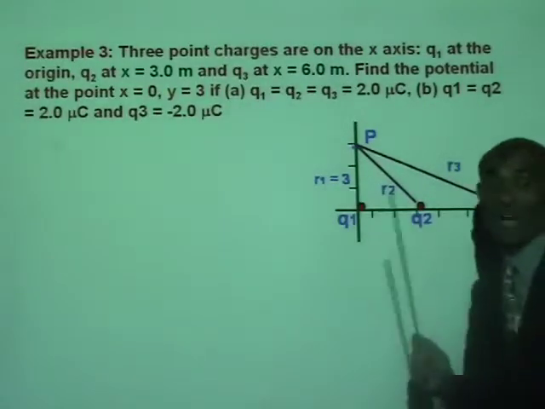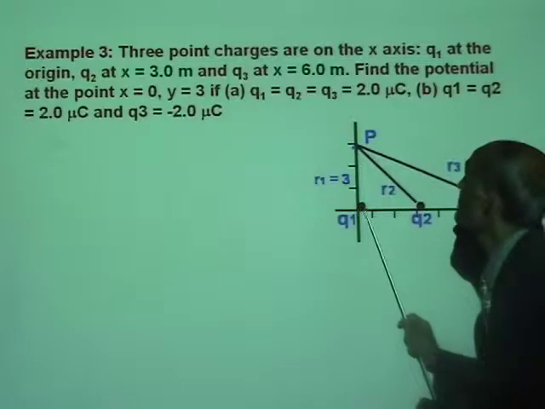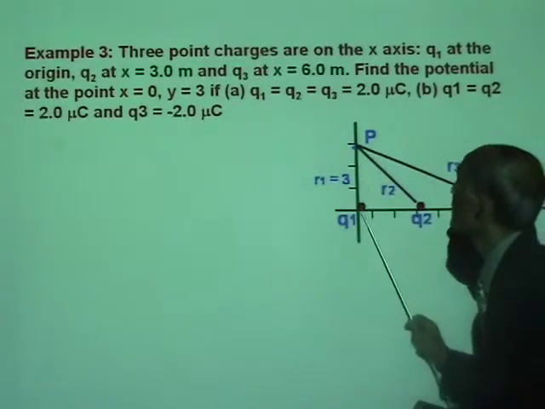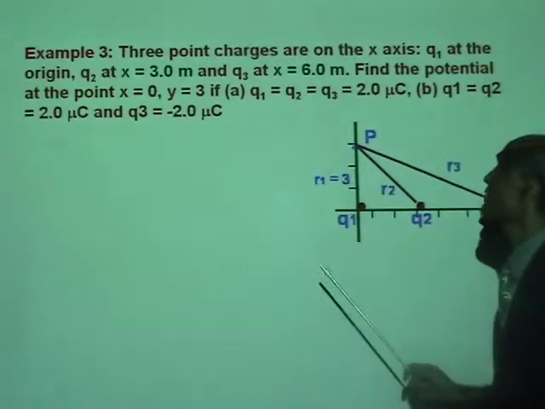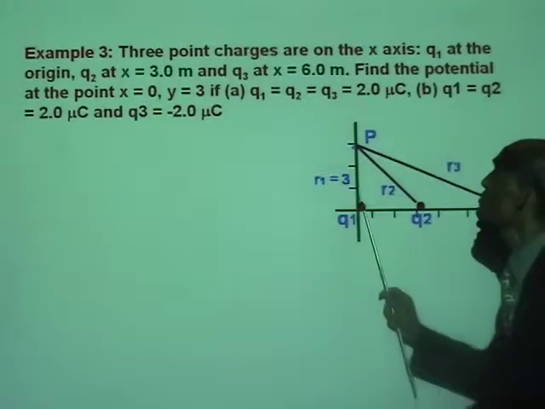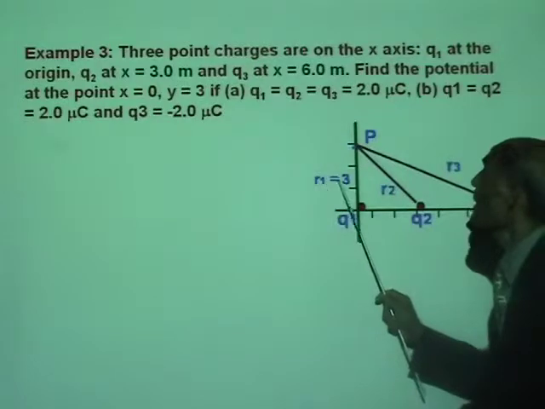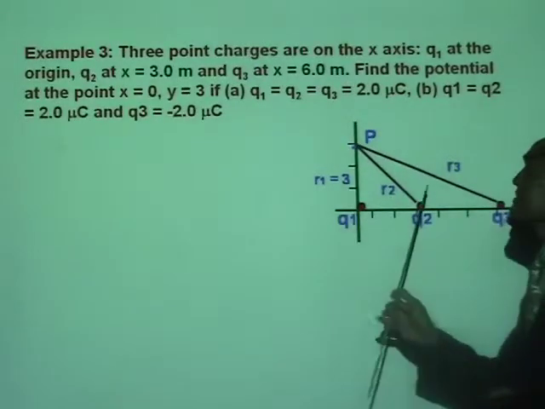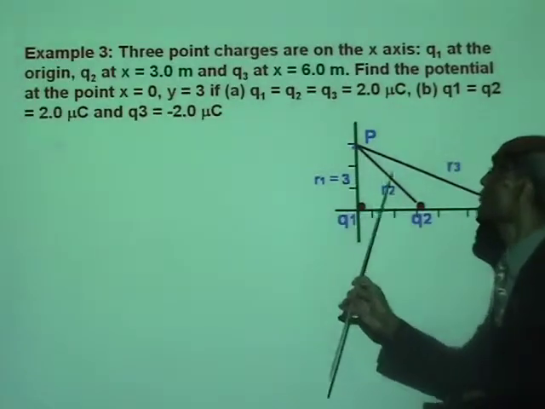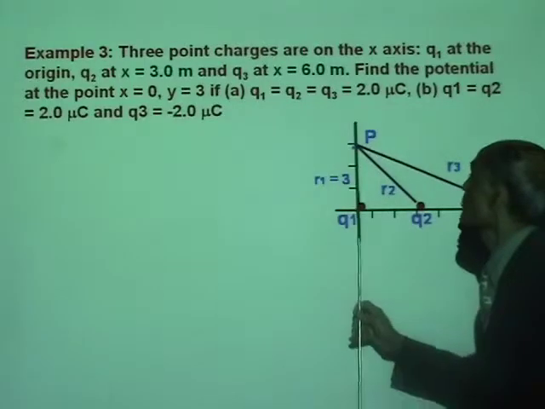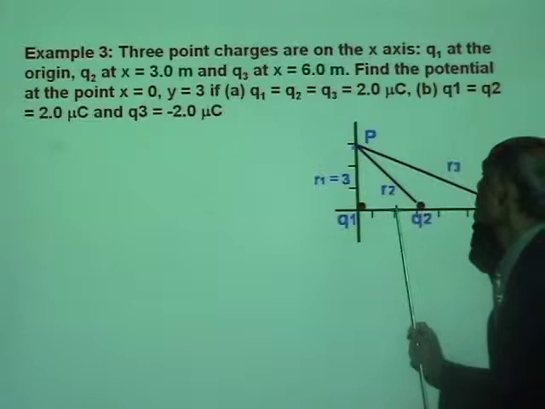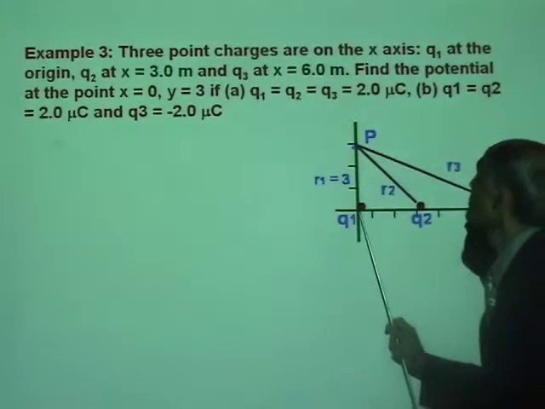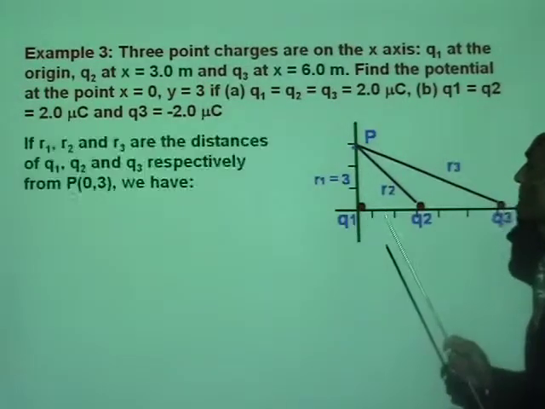That means, to start with, you need to find the distance of this point from each charge. Can you find the distance of each? This distance is of course 3. So R1 equal to 3. What's R2? This is the diagonal of this right triangle. So R2 is square root of 3 squared plus 3 squared.